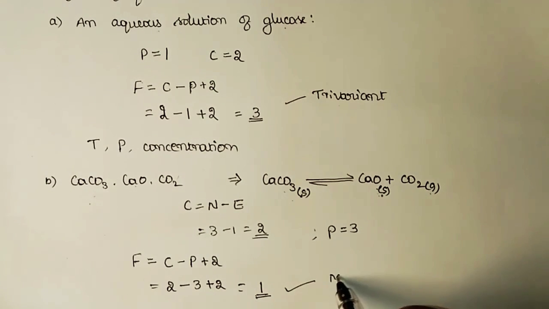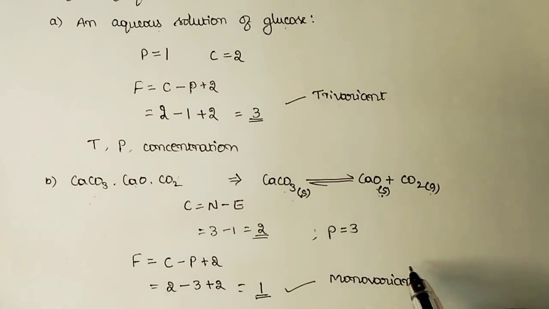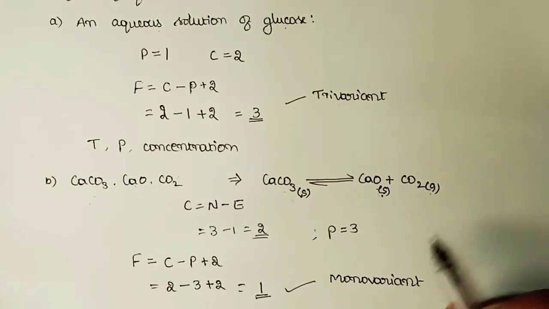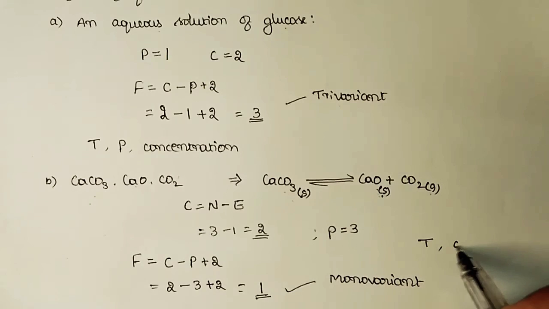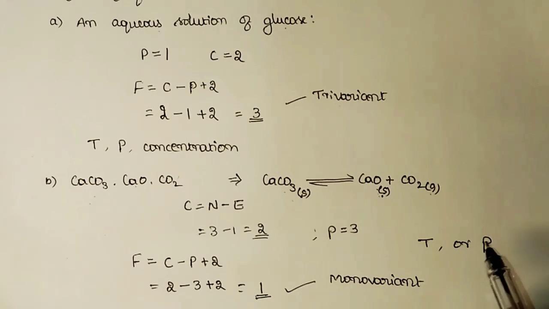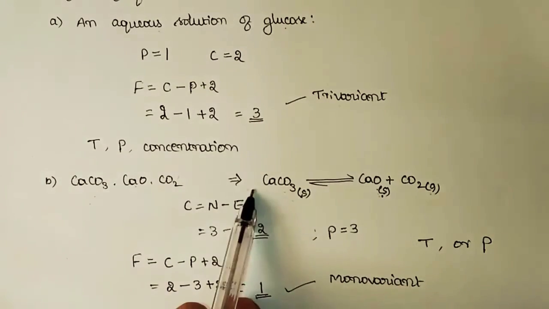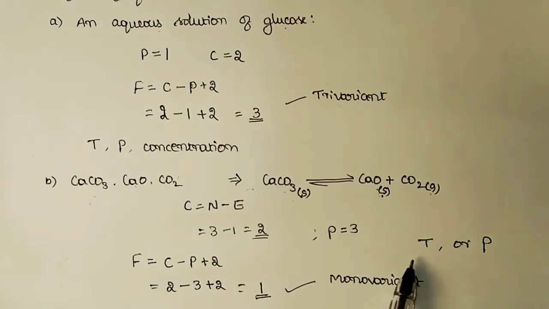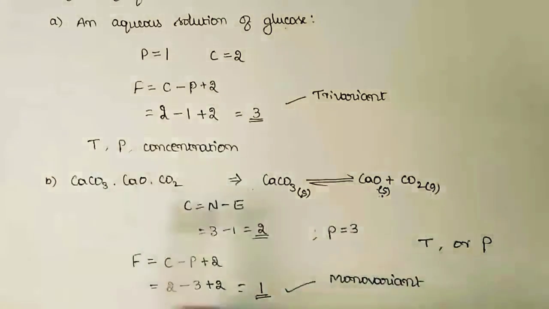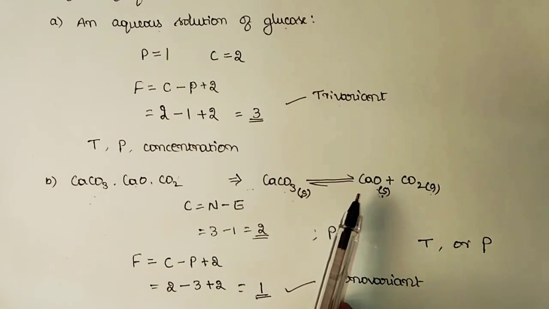So it is a monovariant system. So only one variable needs to be specified in order to define the system. Either we can use temperature or we can use pressure. So either one parameter can be used to define the system.